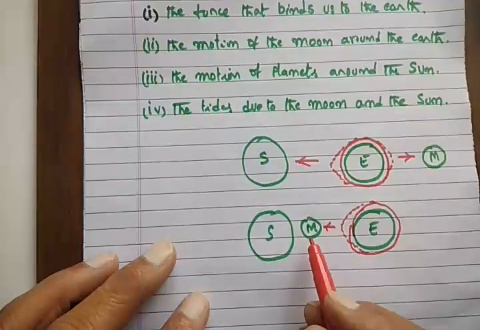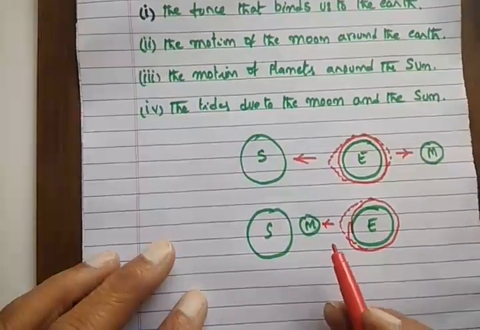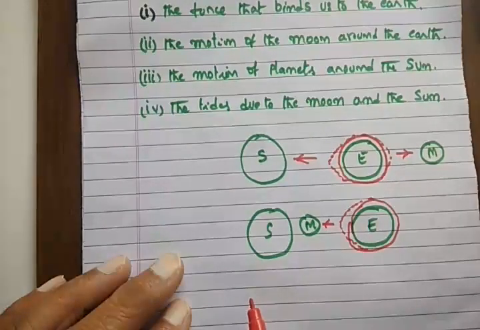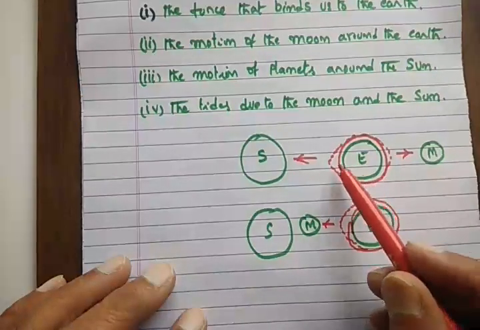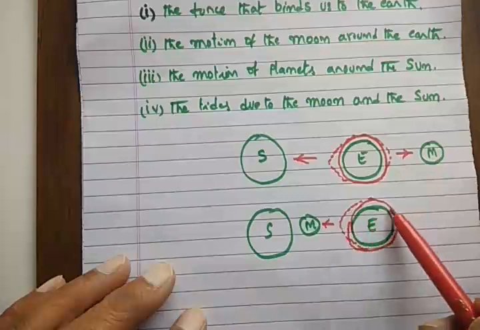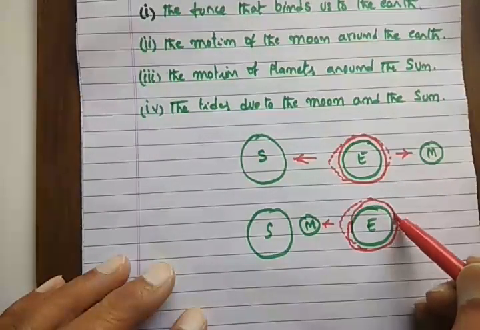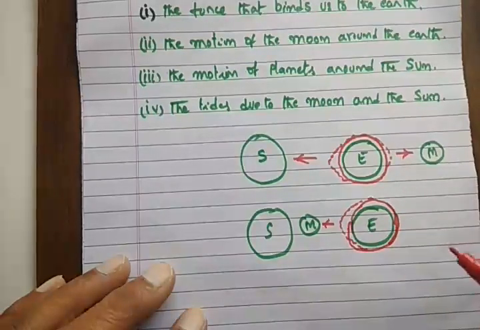Here this attractive force will become more because these two are on one side. So this is the reason for the tides. High tide, low tide, it is all because of this. For example, here it will be high tide, because all this water would have come to this side. This level would have slightly fallen. This is low tide and this is high tide.